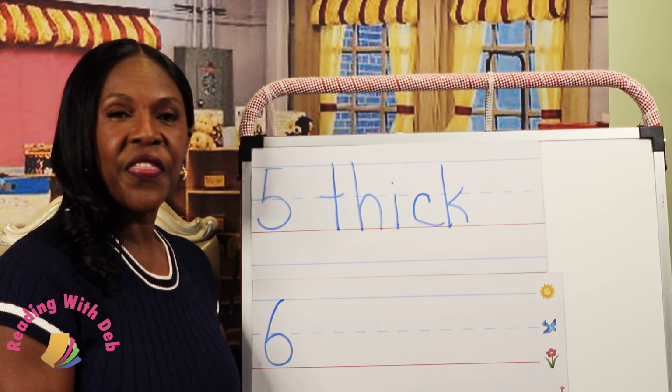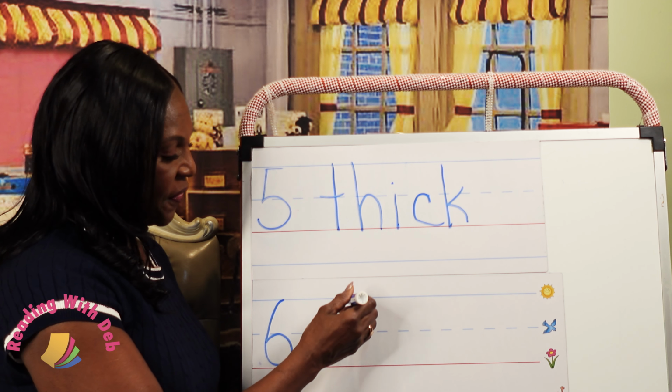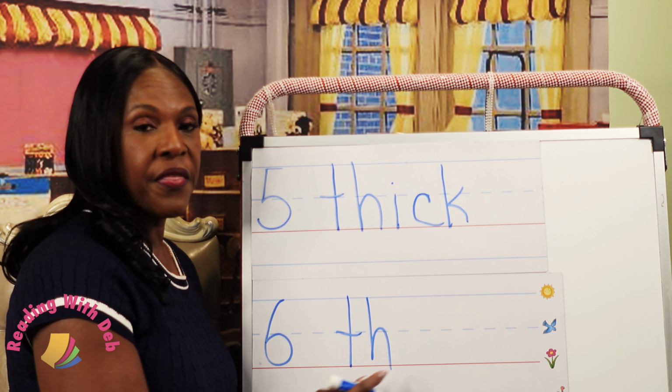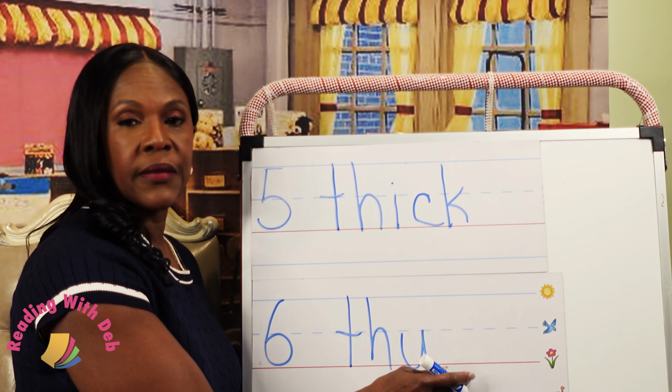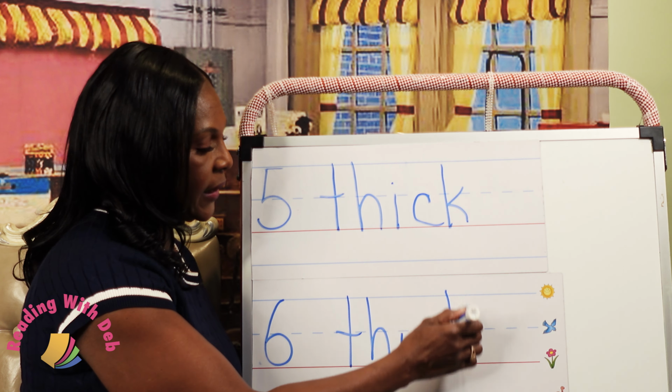Okay? Thud. I hear TH. That is the U. Thud. And that is D. How do we spell thud? THUD. Thud. Great. Let's move on now to sentences.